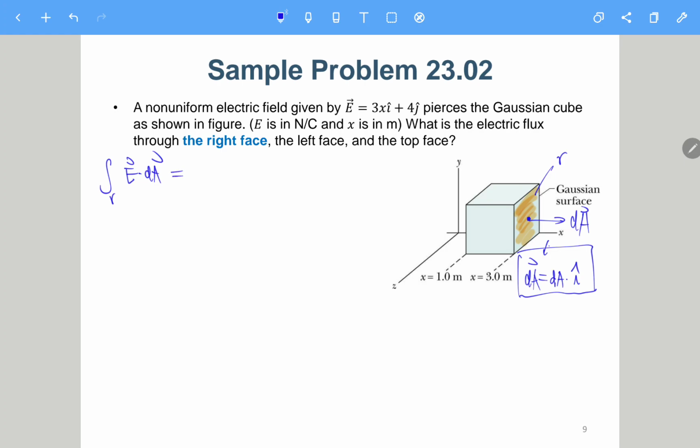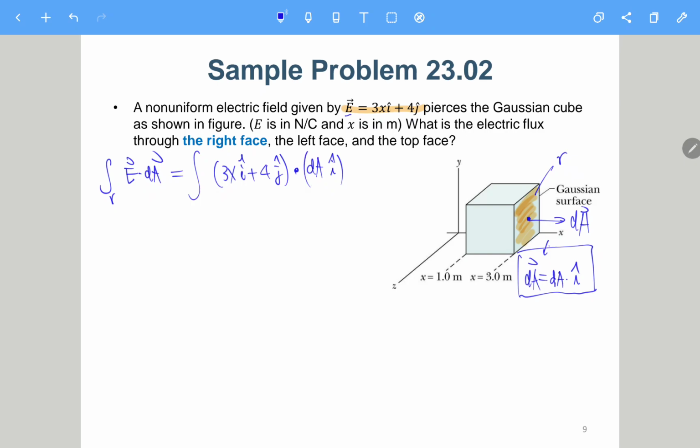The next thing is we try to calculate E dot dA. E has this expression, so we put E there. Here we have 3x i hat plus 4j hat dotted with dA i hat.